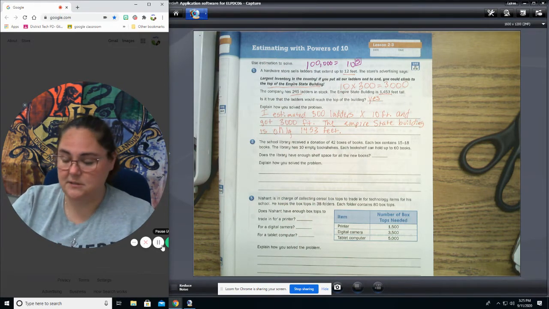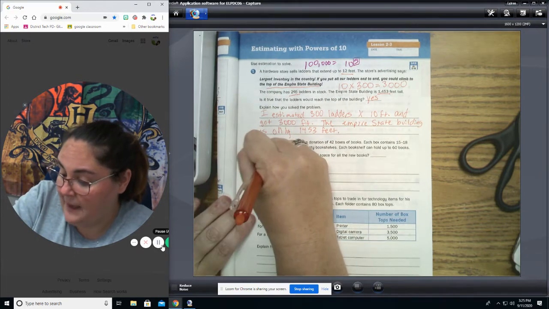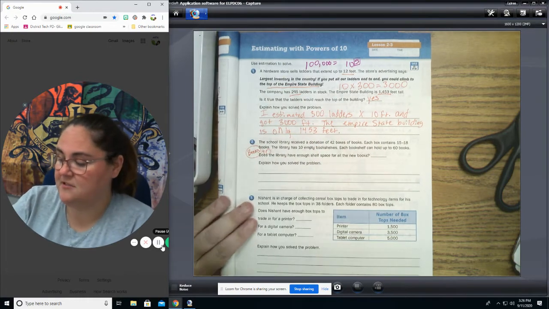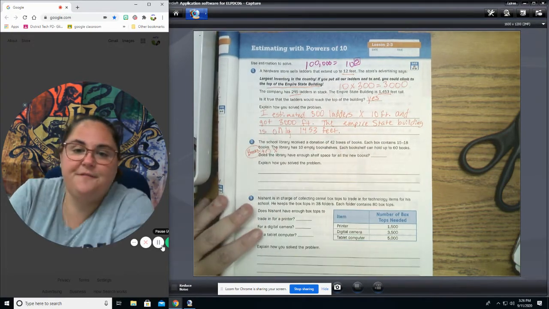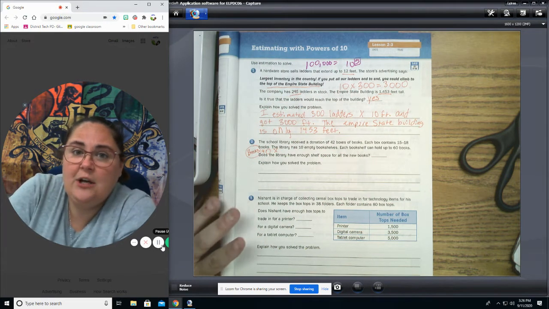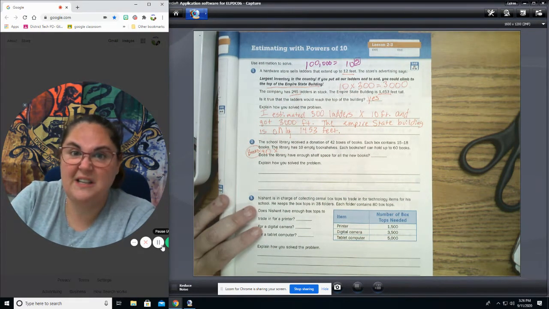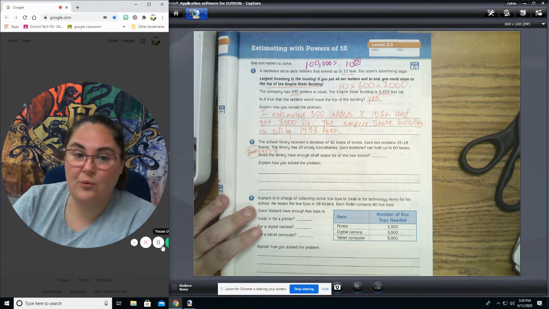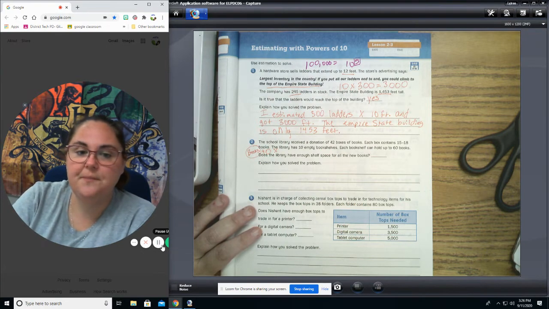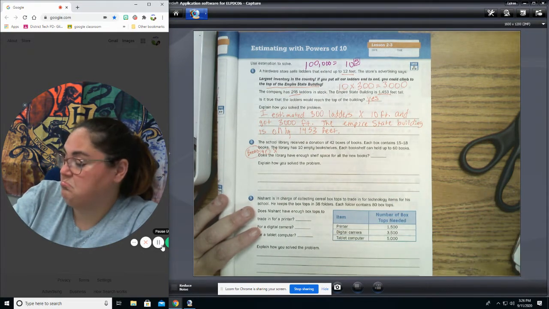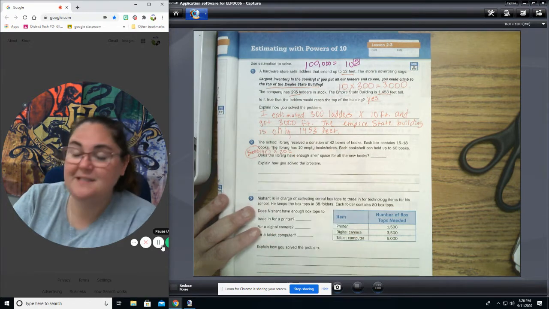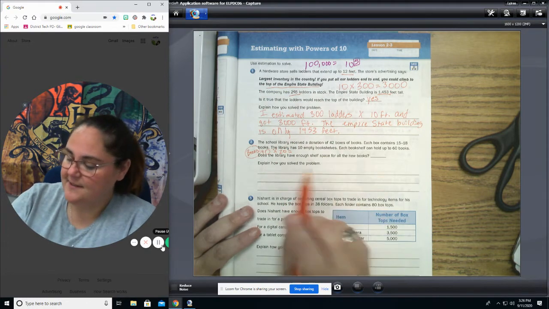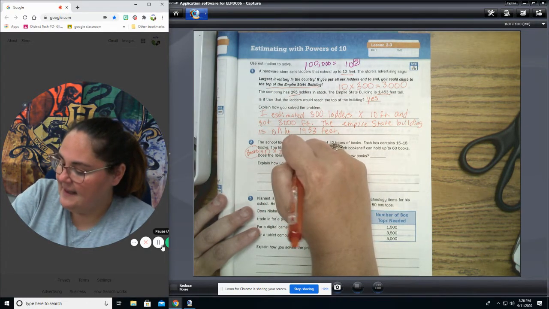So let's start with how many books do I have? 42 boxes. So I'm going to round that and I'm going to say 40 boxes. So 40 boxes of books times 15 to 18 books. I know I can multiply by 15 really easily. I know I can multiply by 18 kind of easily, but I'm going to round. I'm going to say maybe that's 20 books because I know 20 times 40 is a lot easier than 18 times 40. So 40 times 20 is 800.